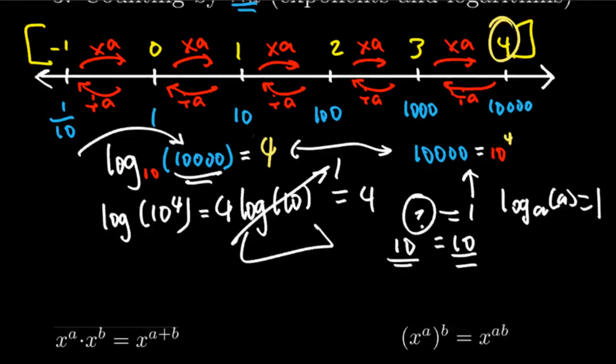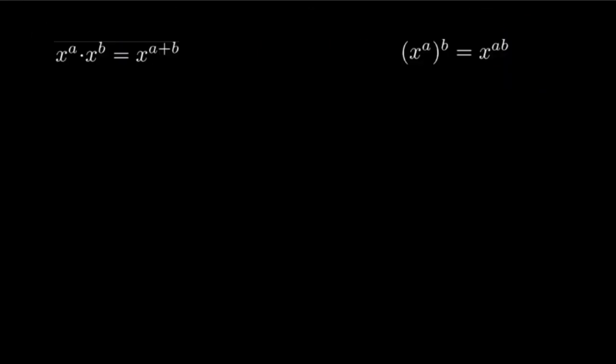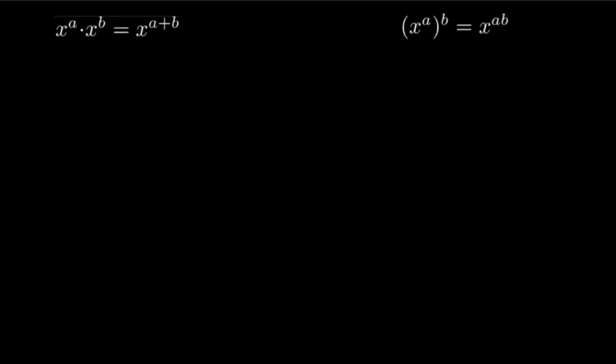Okay, so now I'm going to explain a little bit of how this works. If we look at this and we look at this, what that tells us is x multiplied to itself a times.